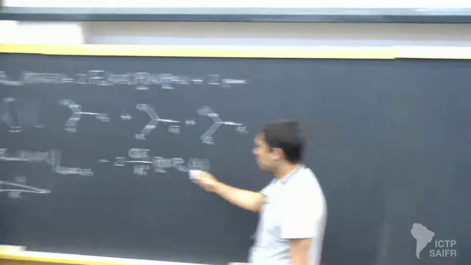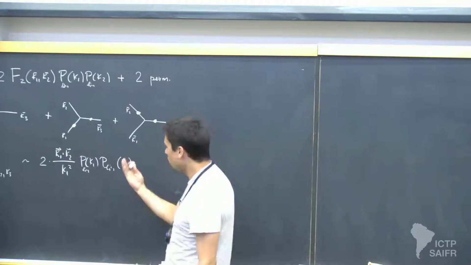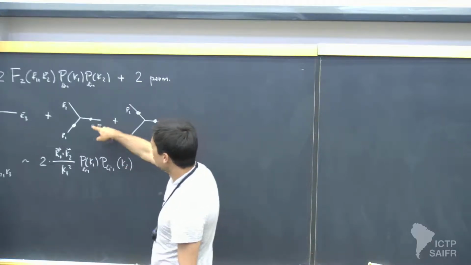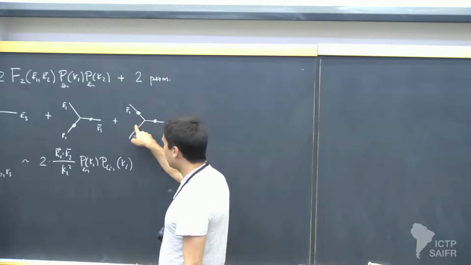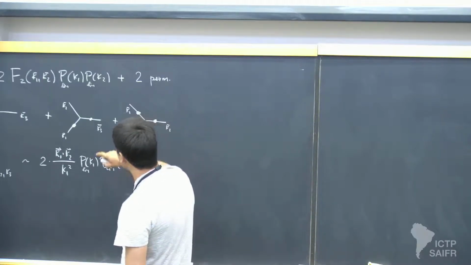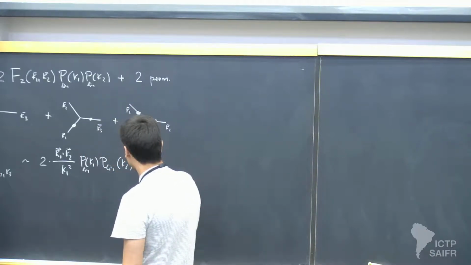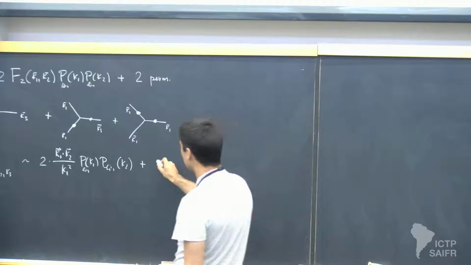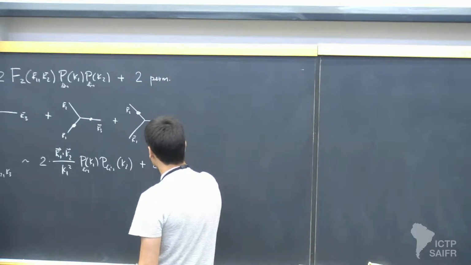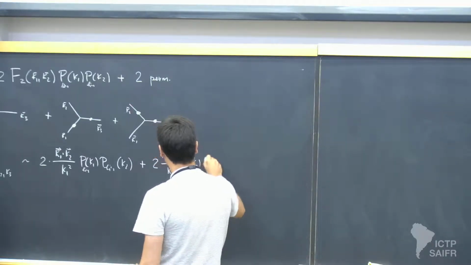However, in the full answer, there is always a cancellation, because you have to remember that there are these extra diagrams. So there will be one more diagram, and in particular, it is this one. So here, you will have to add another piece which is very enhanced, which is 2 times K1 dot K3 divided by K1 squared times P of K1, P of K3.